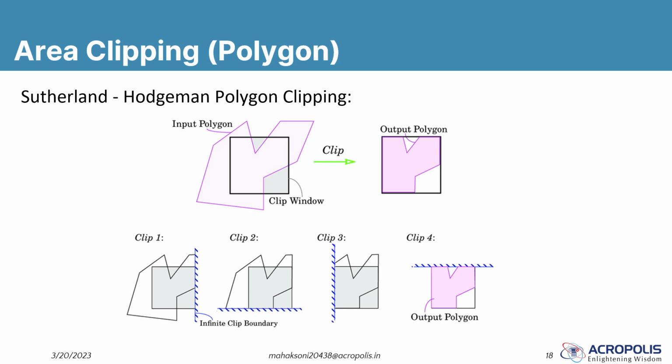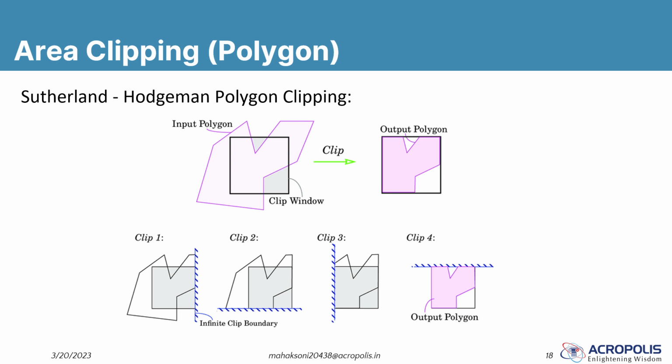In this picture, it is very clearly seen that we have the input polygon. We need to clip the points which are outside the window. After clipping the polygon, we get the output polygon as shown here. Firstly, we have fixed one edge and removed all the points which lie outside the right side of the window.